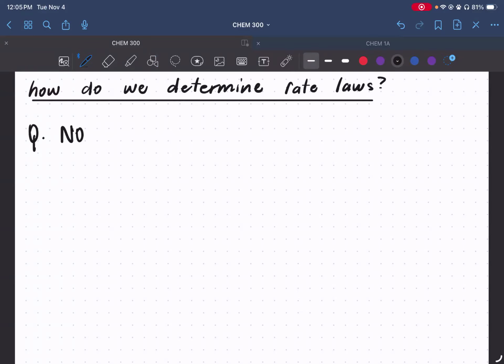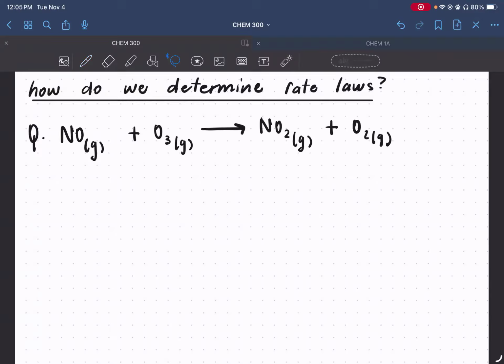This is the reaction between NO and ozone, O3. That's not O2, that's O3. And that leads to NO2 gas added to O2 gas.